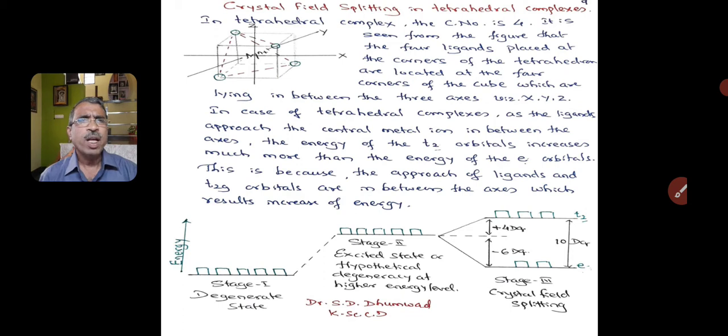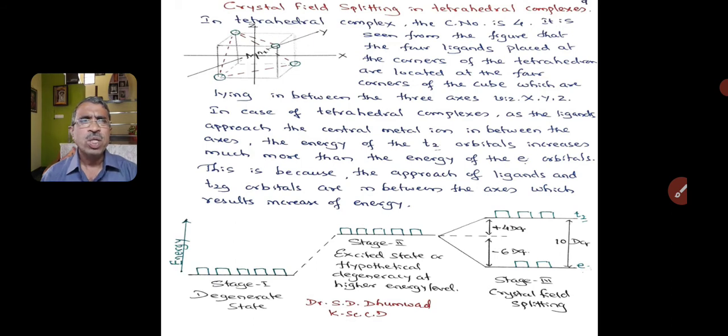It is seen from the figure that the 4 ligands placed at the corners of the tetrahedron are located at 4 corners of the cube, which lie in between the 3 axes, X, Y and Z. In tetrahedral complexes, as the ligands approach the central metal ion in between the axes, the energy of T2 orbitals increases much more than the energy of E orbitals.